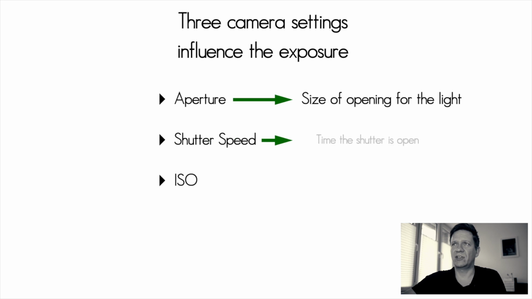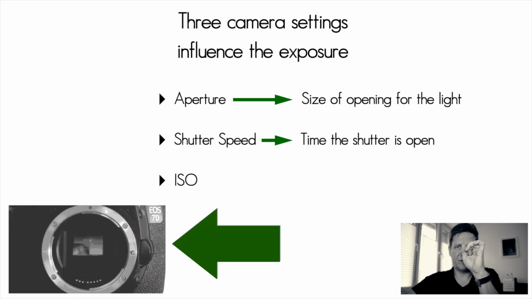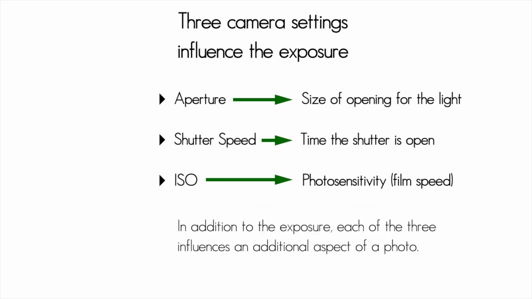Then we have the shutter speed. This is the time the shutter is open, so the time that the light will have the possibility to fall on the sensor or film. And then there is the ISO. This means photosensitivity, so film speed in photo jargon. How sensitive is the sensor or film for light?